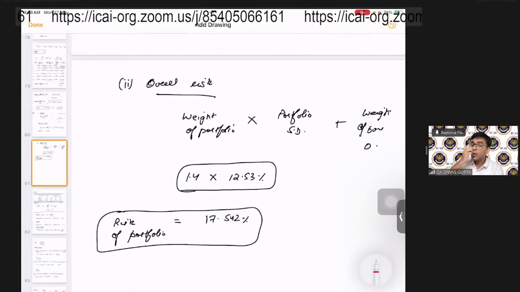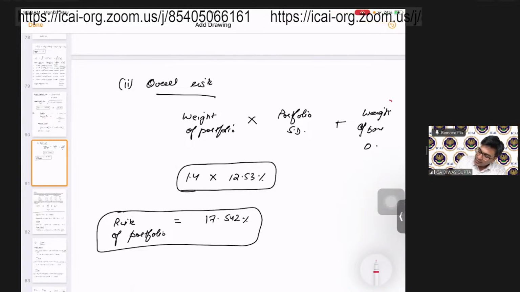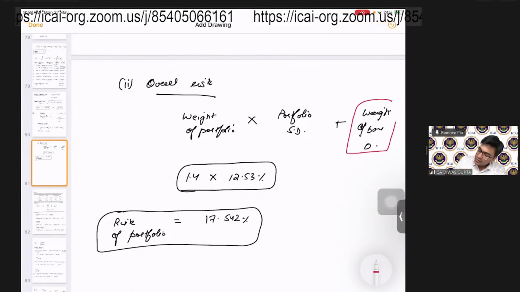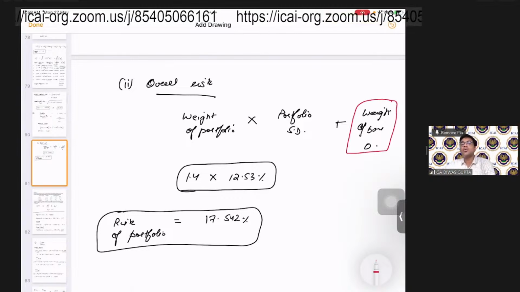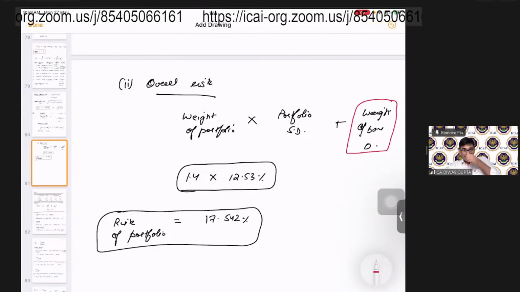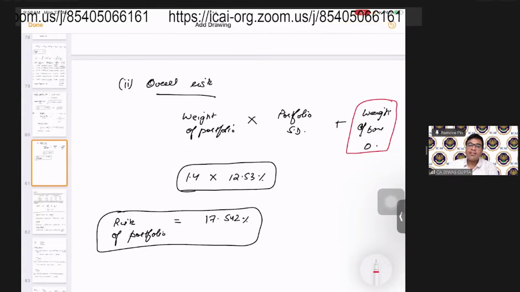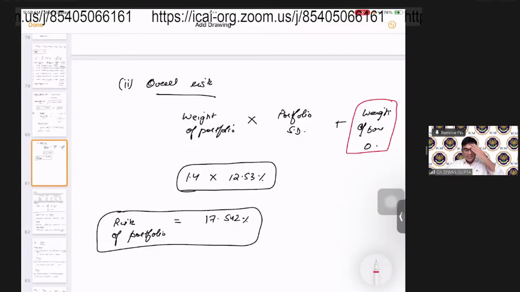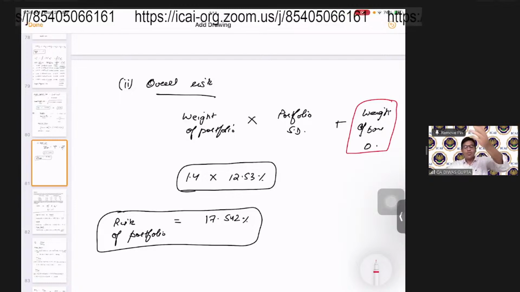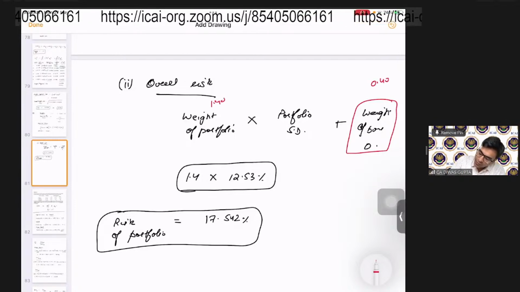And then what is the overall risk now? So here, the risk of borrowing is always 0, students, right? Because the rate is fixed. Everything is fixed, right? So we don't have a risk of this borrowing. Although the weight is 0.40, here the weight is 1.40.